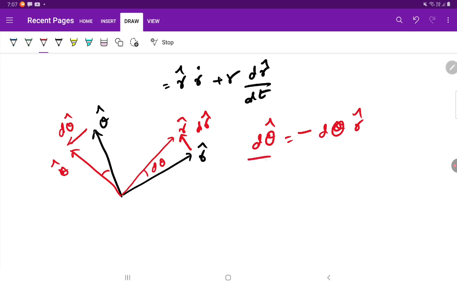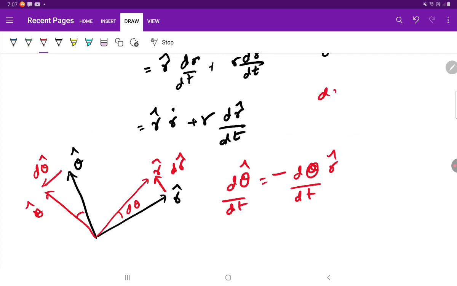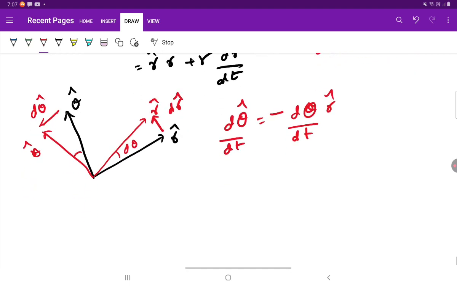Now dividing by dt, we know that d theta by dt is omega, or theta dot. Likewise, as we did in the previous case for the length of the radius vector, where we wrote r dot, in this case we write the rate of change of theta as theta dot. So d theta cap by dt is equal to minus r cap theta dot.